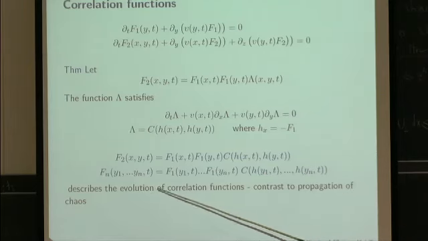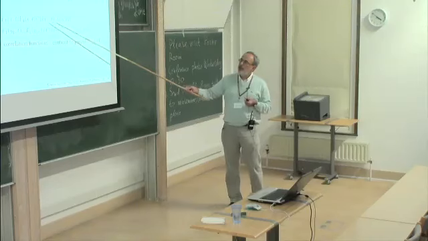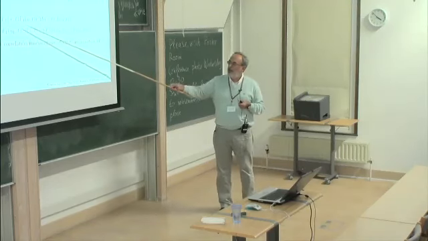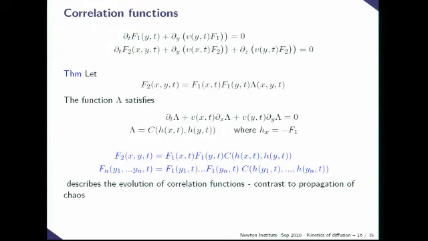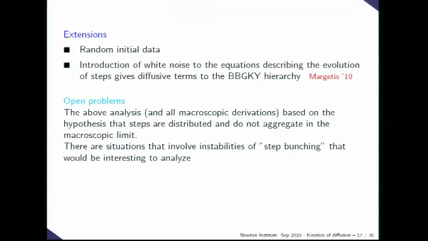So this propagation of chaos would be included here if the initial data are independent. That would mean that C is 1, and then it would stay 1 forever, of course. But somehow, it would allow you also to compute what correlations do, given correlation of the initial data.